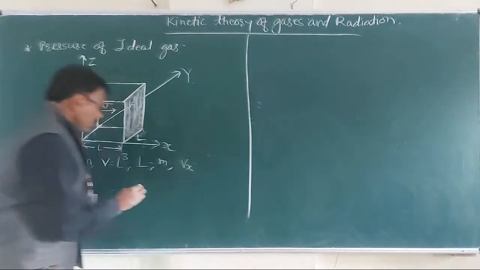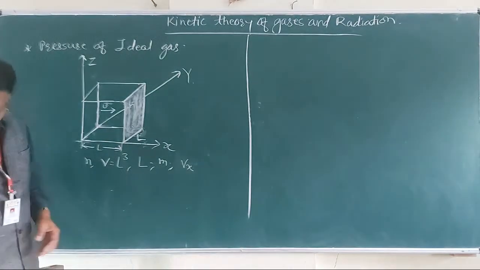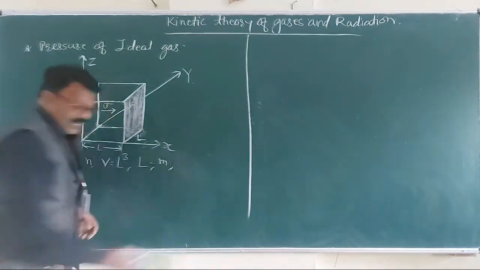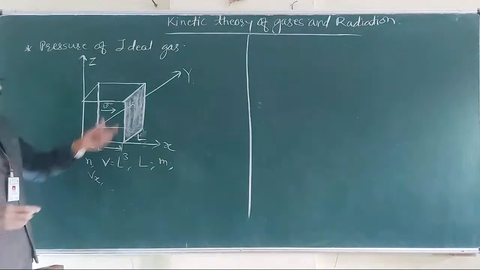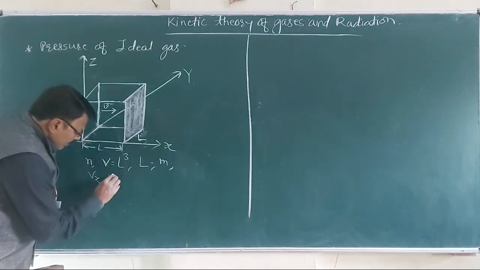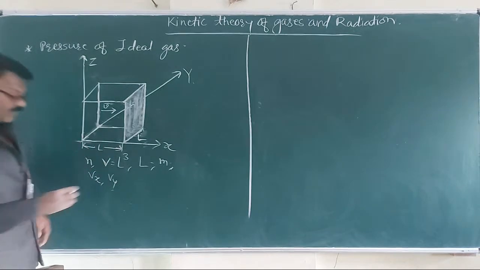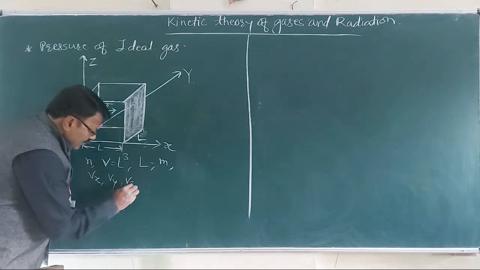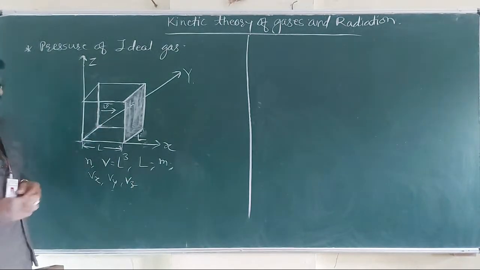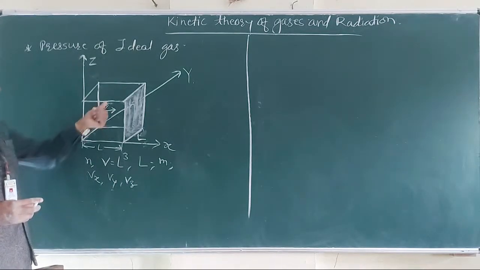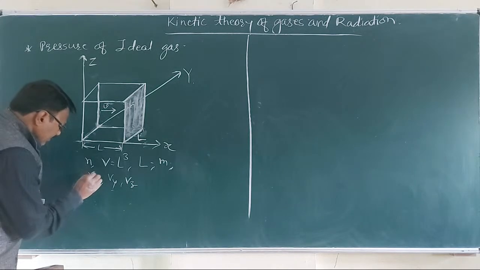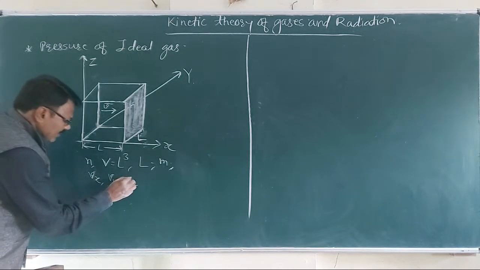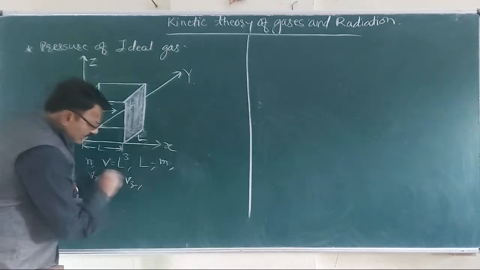Vy is the y component of the velocity, and vz is the z component of the velocity. These are the small v's, velocities, so we can represent them by small v. Now these are split.